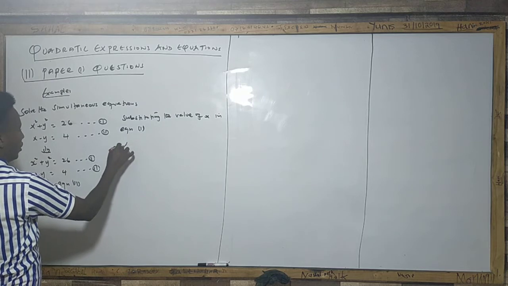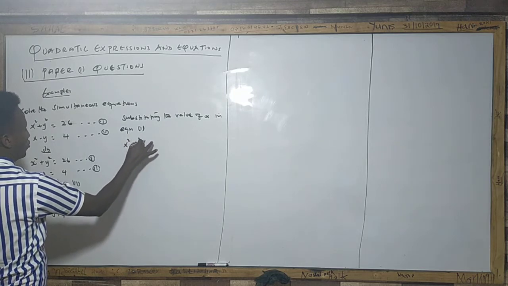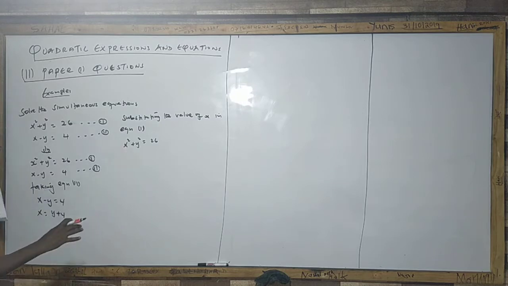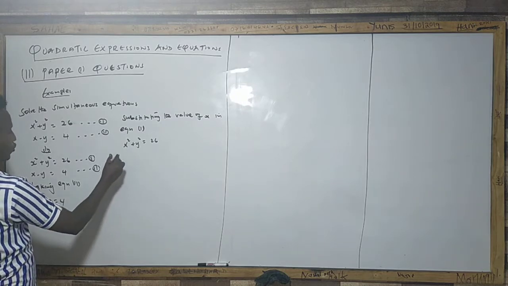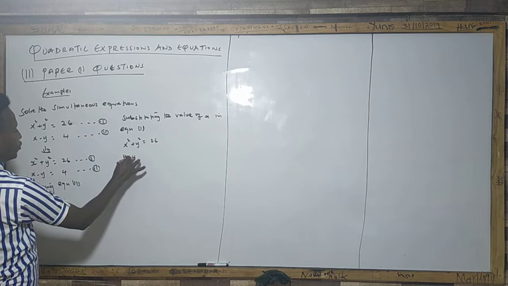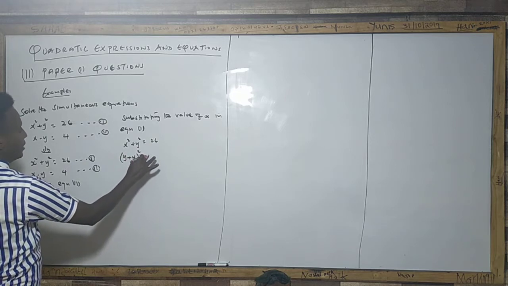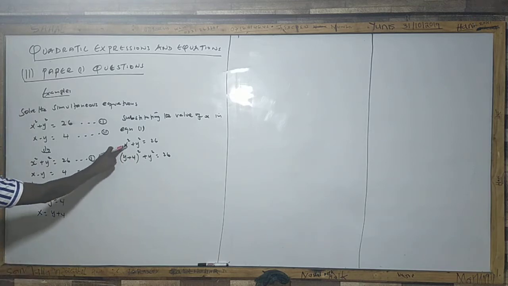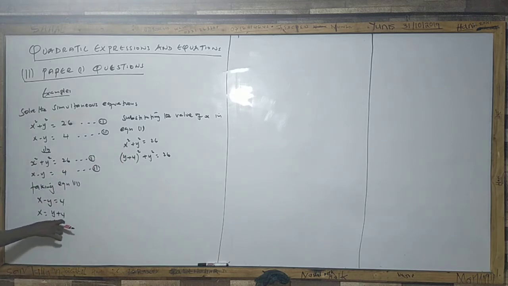So our equation 1 is what? x squared plus y squared is equal to what? 26. Then in the place of x we are going to substitute with what? y plus 4. So we can say y plus 4 squared plus y squared is equal to 26. Because we have x squared here and we said x is equal to y plus 4.